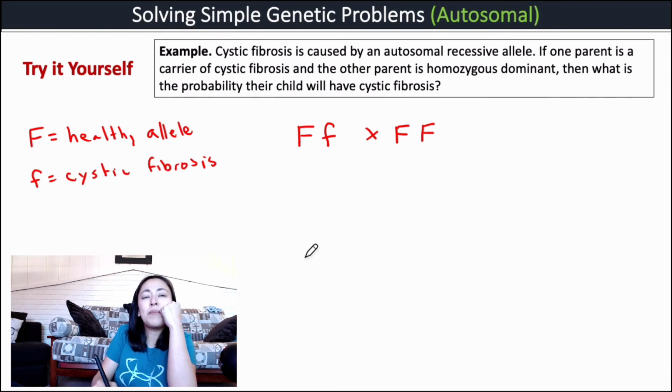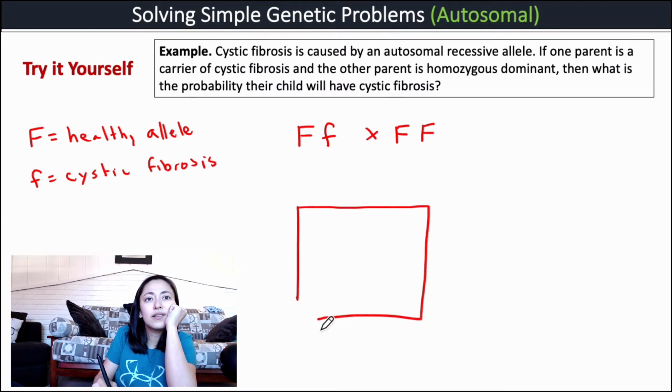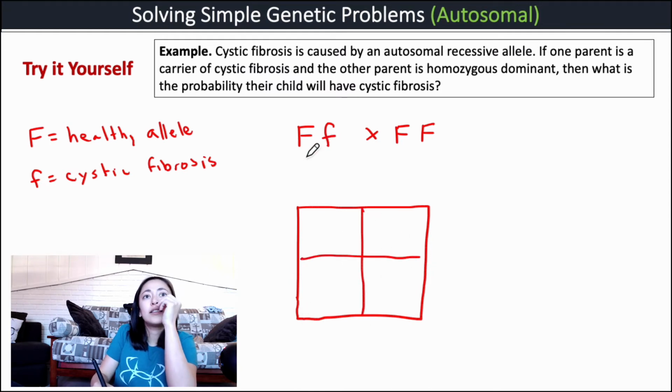So now I've got to do my Punnett square. I just write down the possible gametes this parent can make. That's a big F or a little f. Then this parent, big F or a big F. There's only one possible allele they could give their offspring.